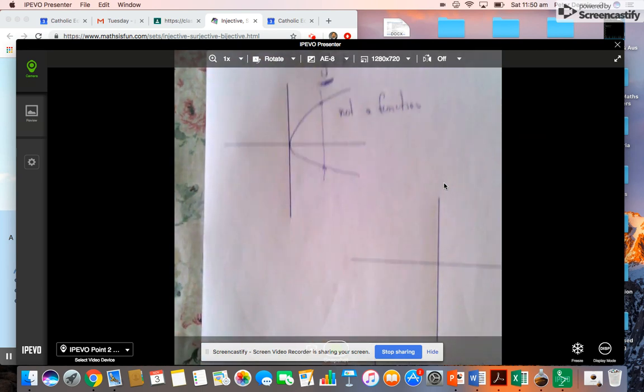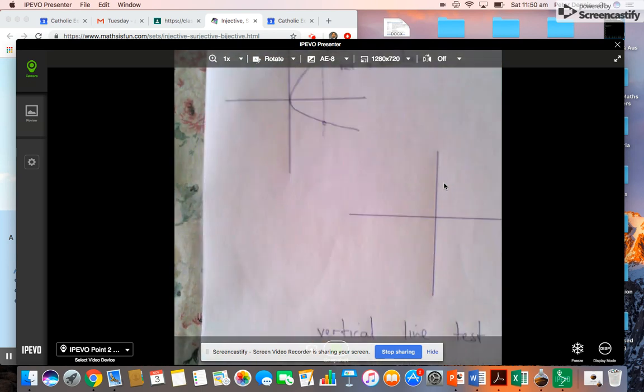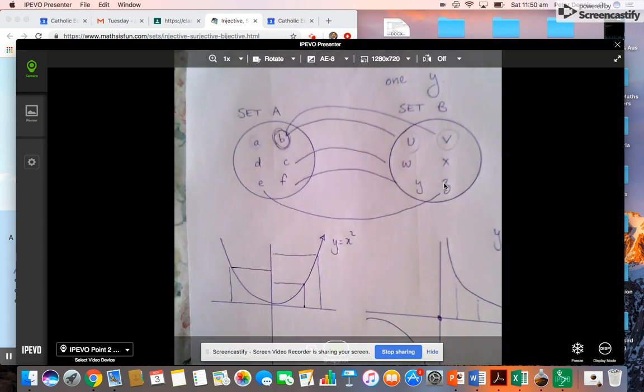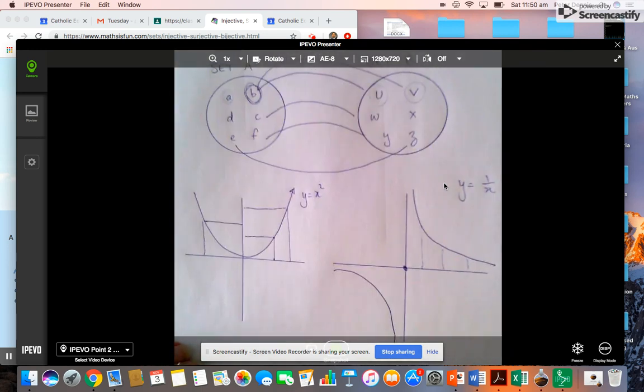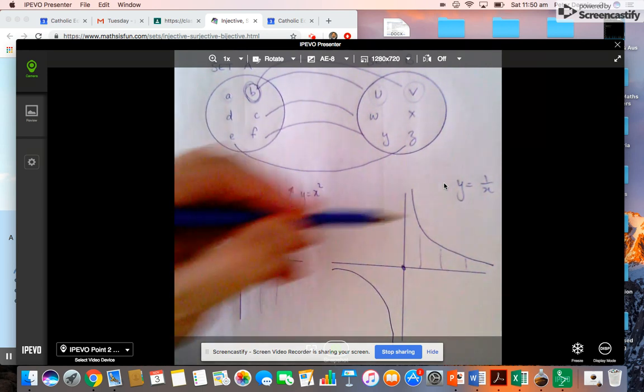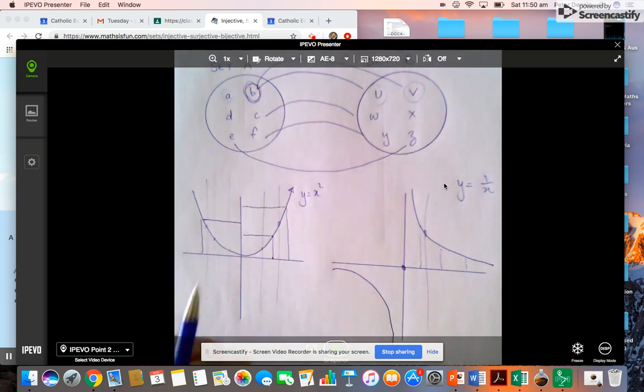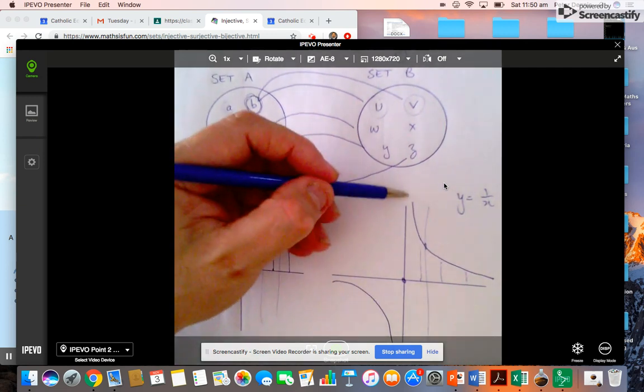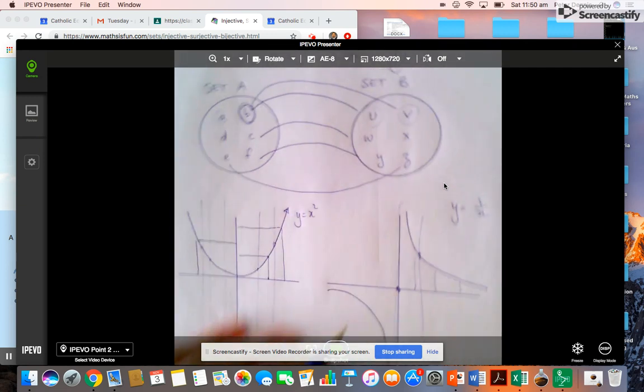A lot of x cubes won't be a function, but some will be. But with the vertical line test, with these 2 graphs, every single vertical line only cuts it once. Doesn't matter where I put the vertical line, it cuts it once, or at most once. Here, it doesn't cut at all, that's fine.